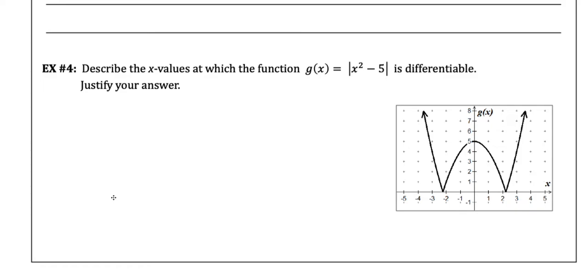I would like to try to say nothing on this to see if you guys can figure this out. How about this? Are you getting stuck on the word differentiable, like what it's asking? That's part of it. This question is asking you, where would you be able to find slope answers? So a lot of times, like remember when we did continuous? We looked to see where it wasn't continuous.